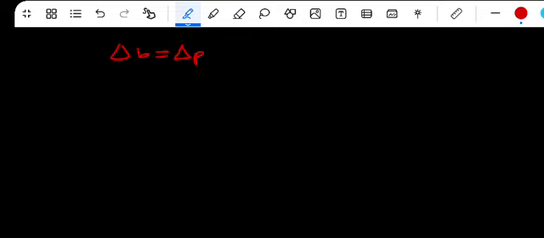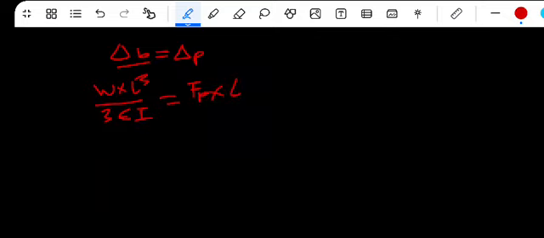Here we'll have weight multiplied by L cubed divided by 3EI, but here it won't be W. This won't be the distributed load, it will be the force, prop force multiplied by L cubed divided by 3EI.